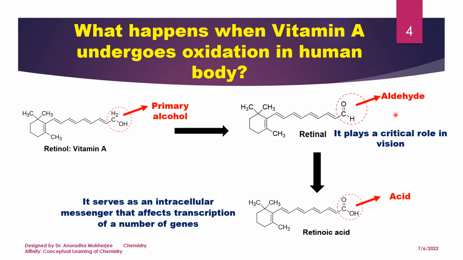From this example you get to know the main functional group present in vitamin A, and I think you all know that carrots are one of the main sources of vitamin A. And why is vitamin A called good for vision? Because vitamin A, retinol, contains a primary alcohol, it's oxidized to an aldehyde called retinal, and retinal is the important compound which plays a critical role in vision. So this is the way the oxidation reaction takes place inside the human body.